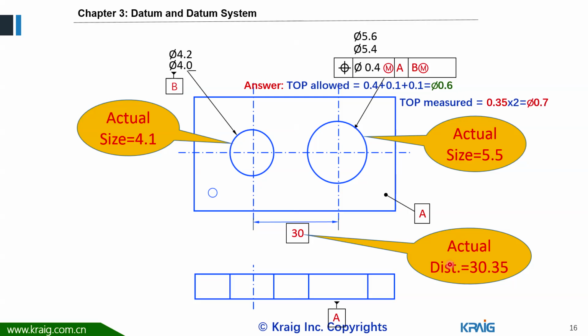Okay. If the actual distance is 30.35, that means it's out of tolerance because the spec is plus minus 0.3. So that's the way we calculate if the actual part, once we get all of the actual measurements, how to find out whether the position is good or not.